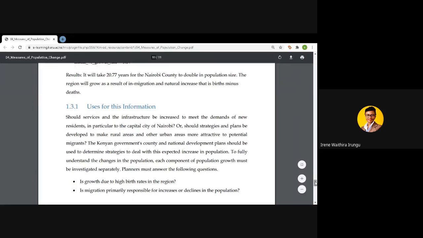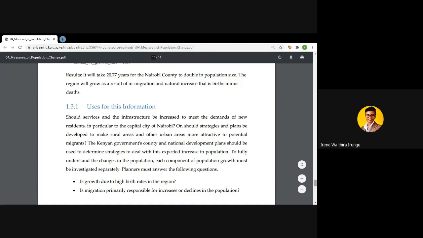So the use of this information is that should services and infrastructure be increased to meet the demands of new residents, or in particular, should it only be applied to a particular city? Again, should these strategies and plans be developed to make rural areas or urban areas more attractive to potential migrants? These are the questions that will be answered by measuring these particular quantities.